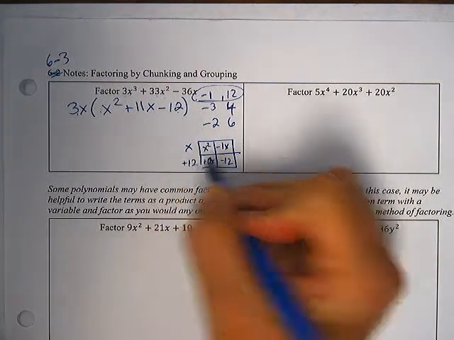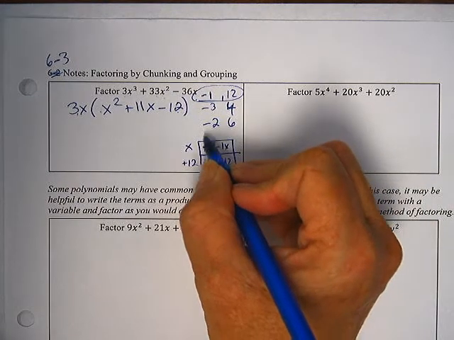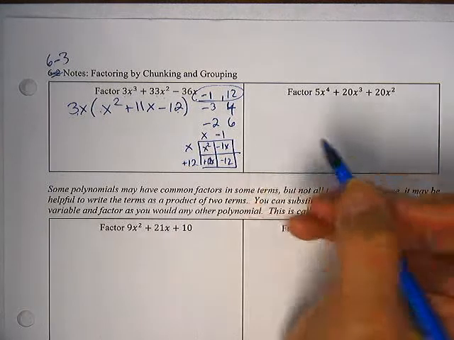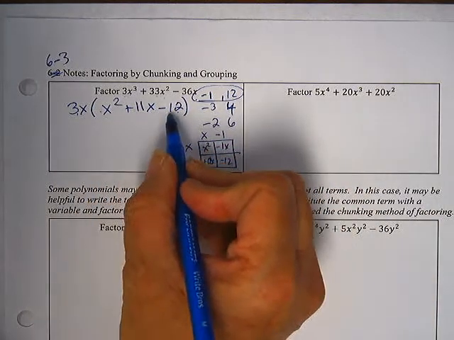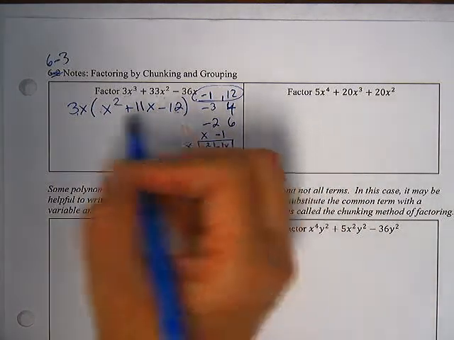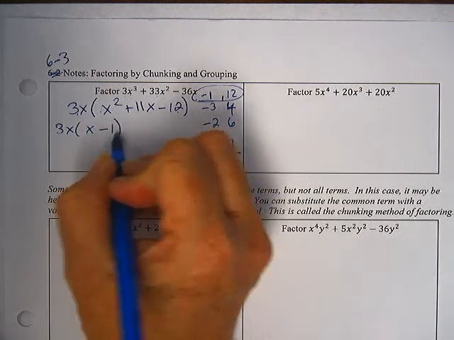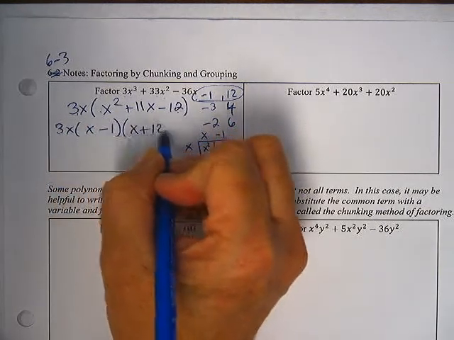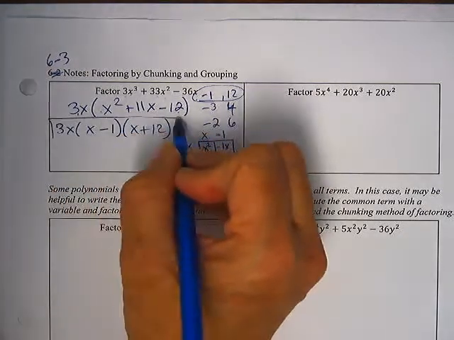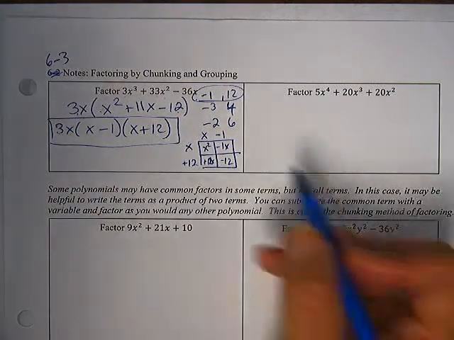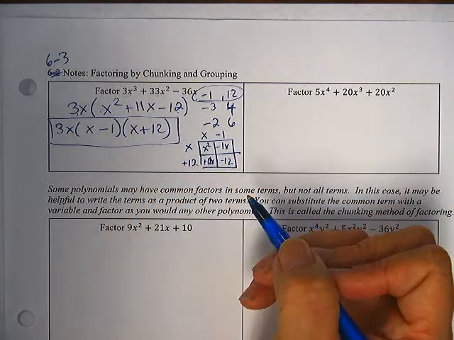So we factor out a positive 12. First column I factor out an x, second column I factor out a negative 1. So my factors for x squared plus 11x minus 12 are x minus 1 and x plus 12. So here are my factors for that cubic function we started with, our cubic expression.